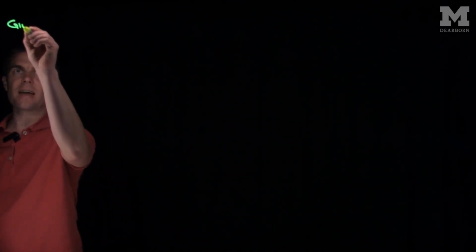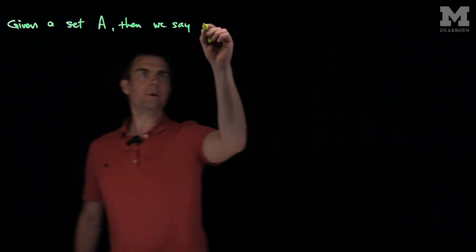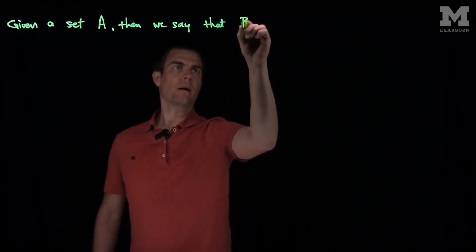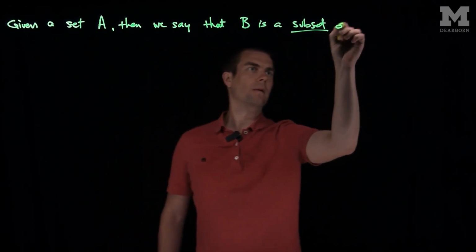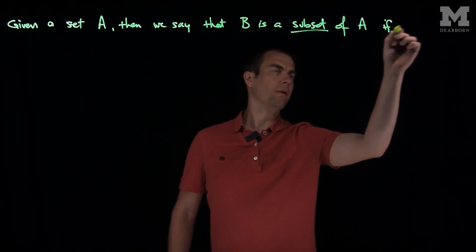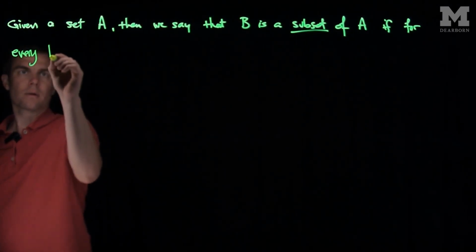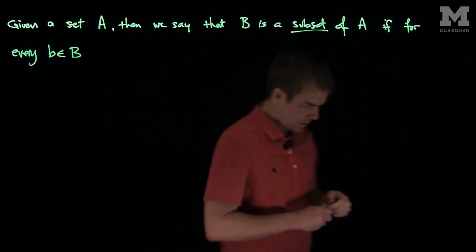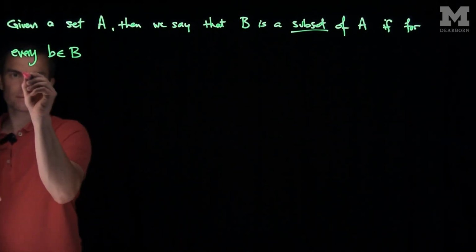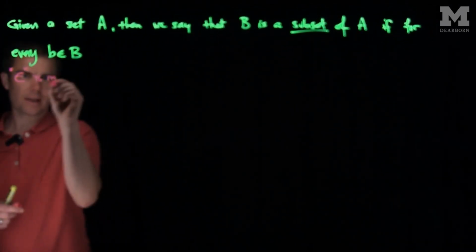If we're given a set A, then we say that B is a subset of A if for every little b in the set B. Here this notation, lowercase epsilon, means "is in."